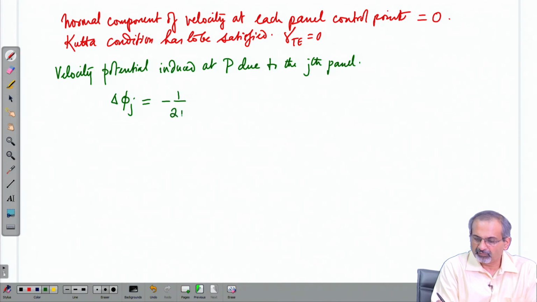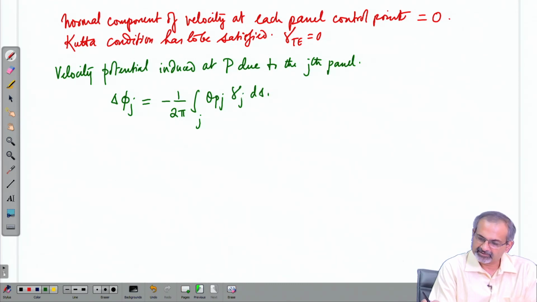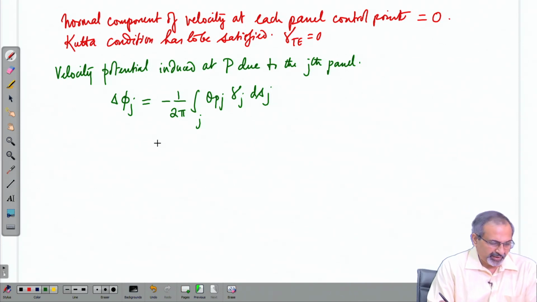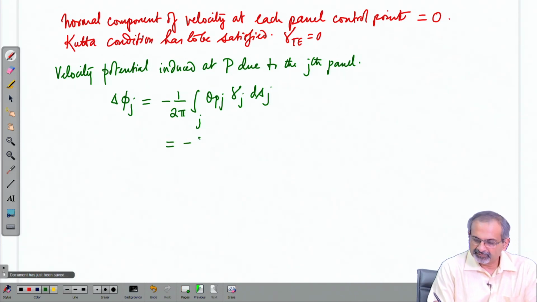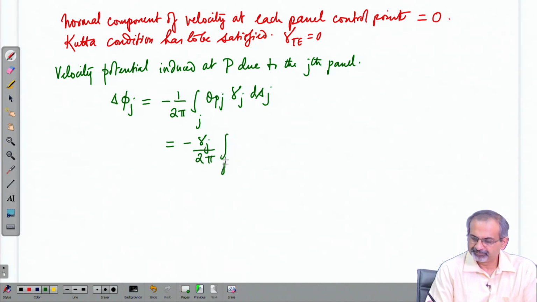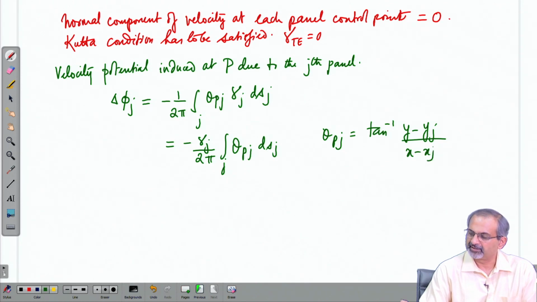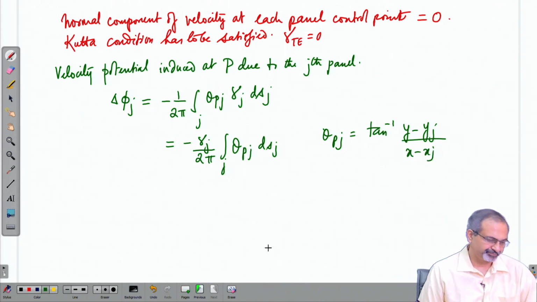That will be minus 1 by 2 pi theta p j gamma j d s j, where we will define theta p j shortly. It is given by tan inverse of y minus y j by x minus x j. That is how we will define it.